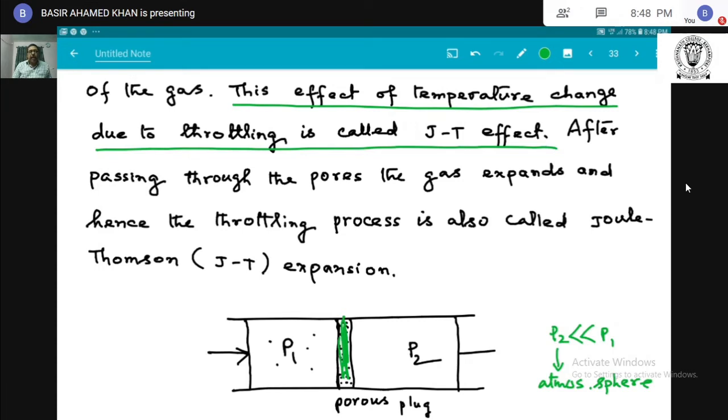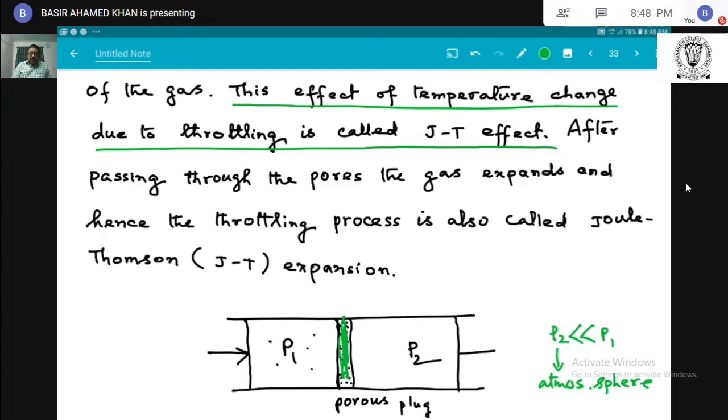Hence after expansion the temperature of the gas changes, and this process is called the JT effect or Joule-Thomson expansion.